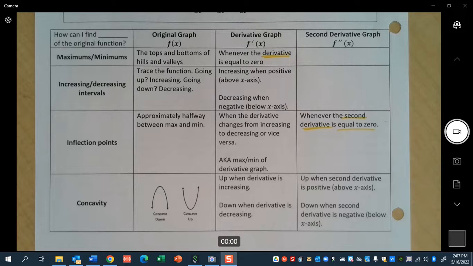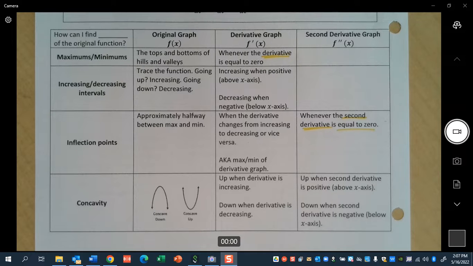When your derivative graph is equal to 0, that's when you have to look for a minimum or a maximum. When your second derivative graph is equal to 0, that's where you look at the change in concavity. So this graph, I hope, makes it easier to structure those conversations, yes?